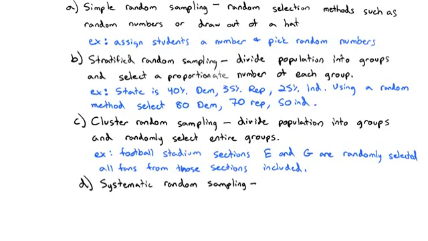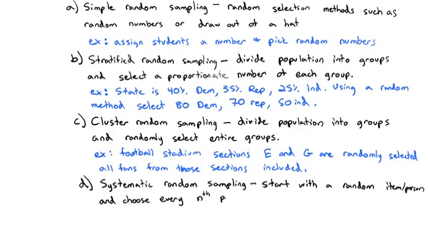The idea behind systematic random sampling is we start with a random item or person, and choose every nth person after this. And that means like every 5th person, or every 12th person, or every 30th person.